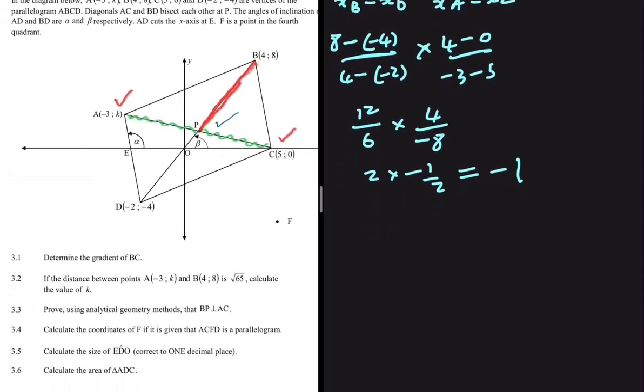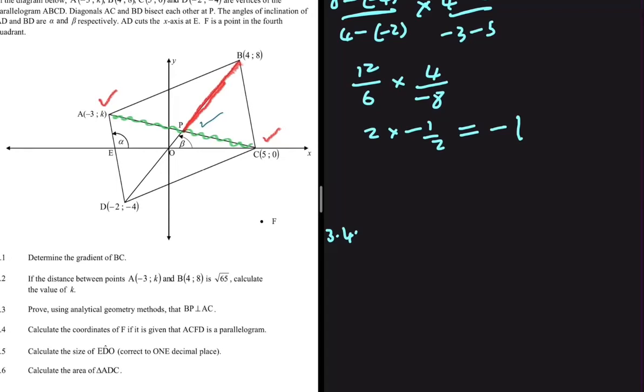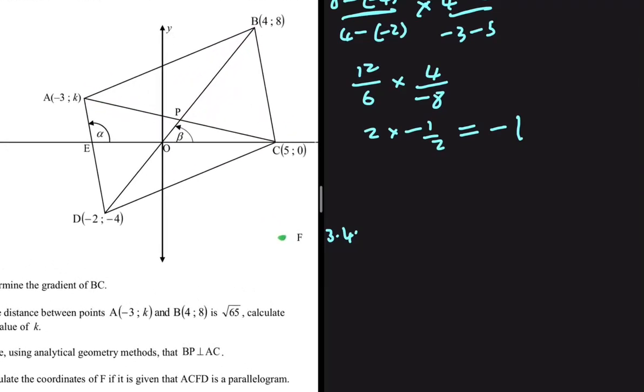Let's move to 3.4. We're supposed to calculate the coordinates of F if it is given that ACFD is a parallelogram. So let's go ahead and look at F. F is right here. So if it is a parallelogram, let's go ahead and connect those points.